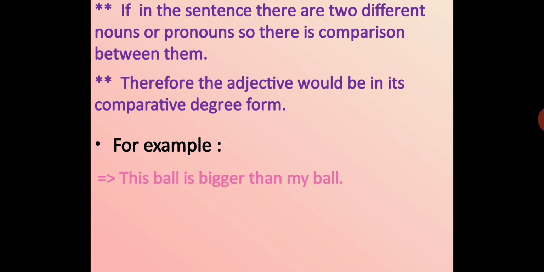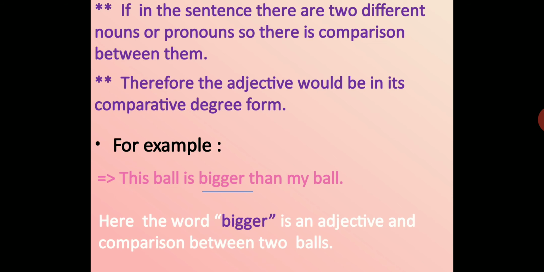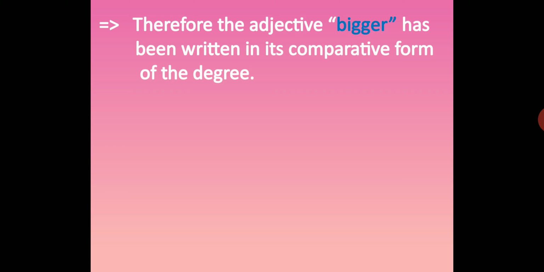What is an adjective? How is the ball? Bigger. So bigger is an adjective, and we compare two balls. So it is a comparison between two balls. Therefore, the adjective bigger has been written in its comparative form of the degree.